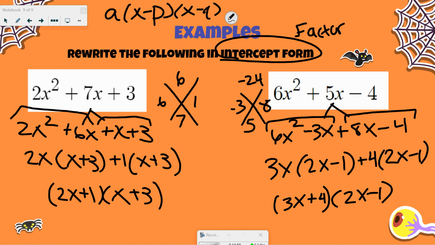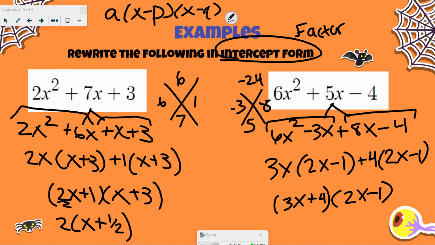Think of it as undoing the distributive property by factoring out a 2 here, and I would be left with x plus what? 2 times what would have given me back 1? Yeah, 1/2.